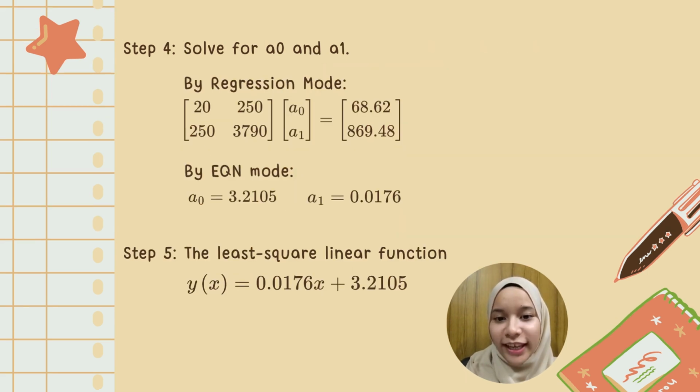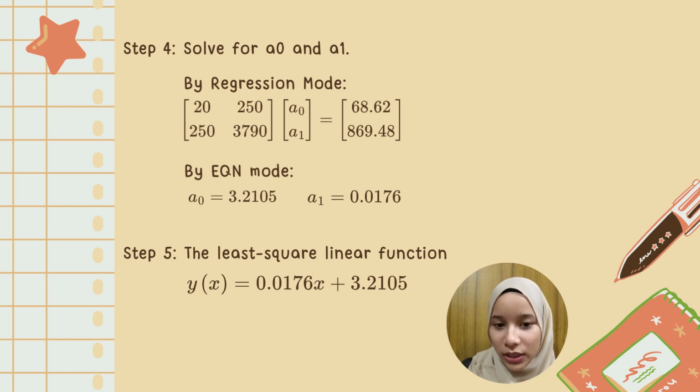Next step, we can find a0 and a1. We use regression mode by substituting all the values that we got earlier in the standard matrix. Then, by the equation mode, we can get the value for a0 equal to 3.2105 and a1 equal to 0.0176. Lastly, we substitute the a0 and a1 values into the standard linear function.